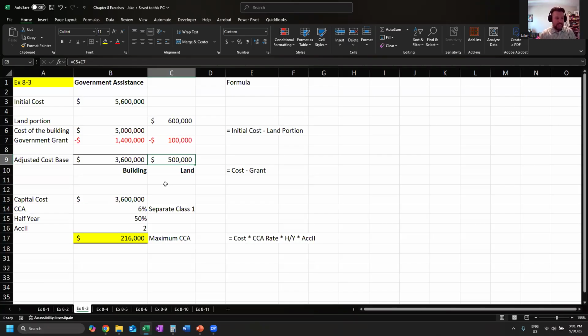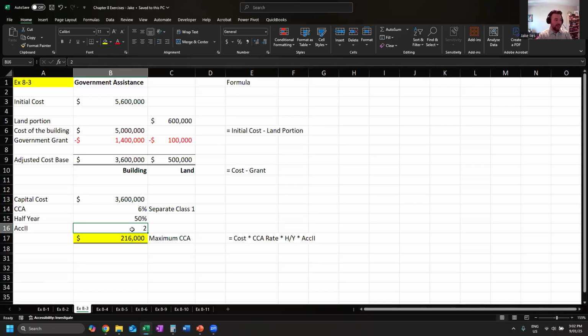Buildings are depreciable. They can have CCA. They said we used a separate class 1, which is 6%. So 3.6 million times 6% is 216,000. Because it's the year of purchase, we apply the half year rule. So times 50%. But ACCI rules, if you remember chapter 5, is currently doubling our half year rule.